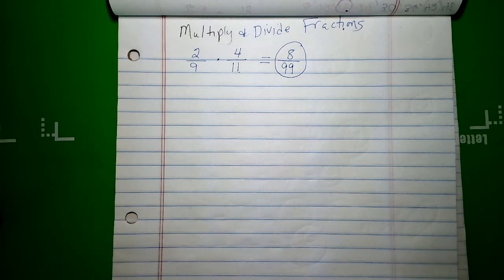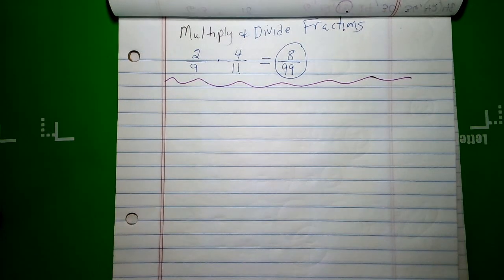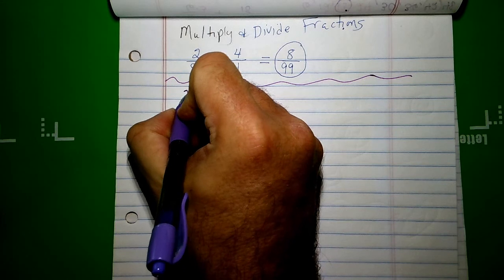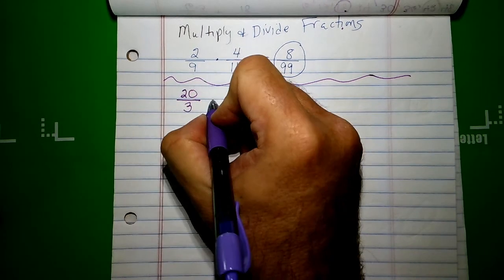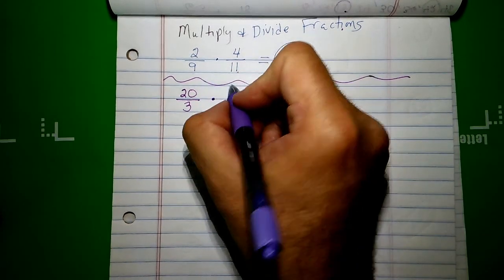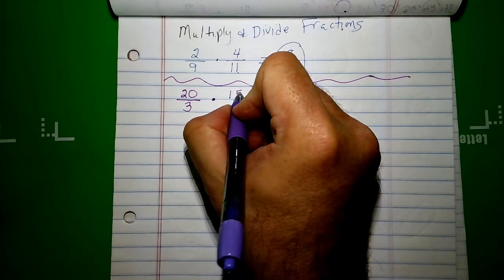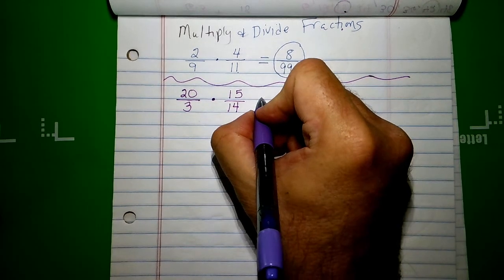How about this one? These little squiggly lines are where I'm separating and starting a new problem. 20 over 3, times 15 over 14. Notice you don't have to worry about any common denominator when multiplying.